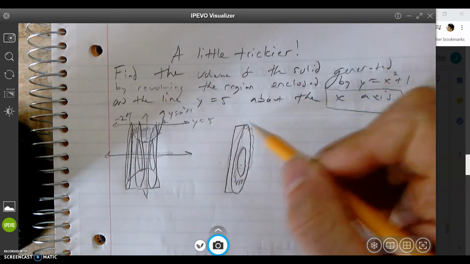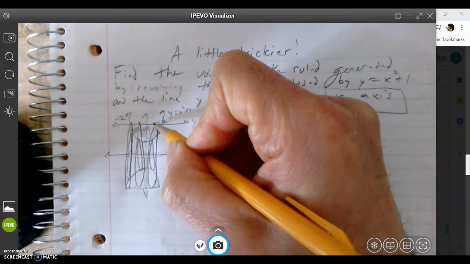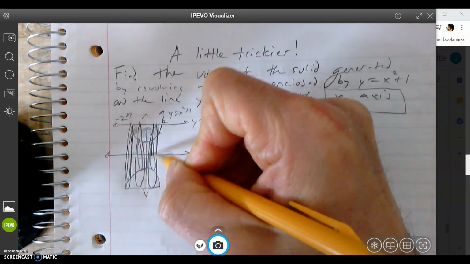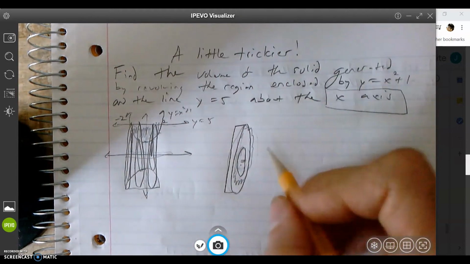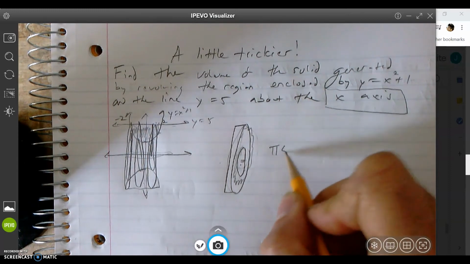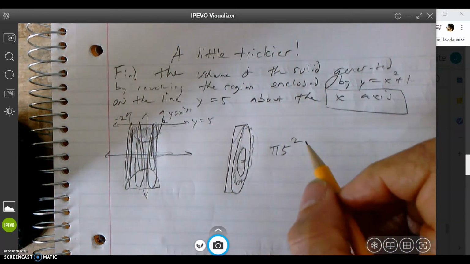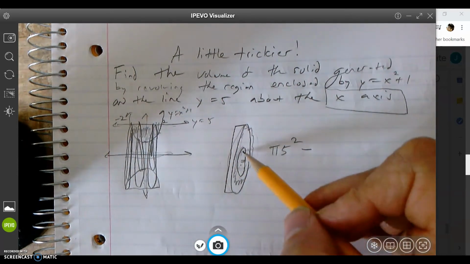So we're going to take the area of the big circle and then cut this part out. The radius of the big circle is from y equals 5 to 0. So the area of the big circle is going to be pi 5 squared, minus the area of this small circle.